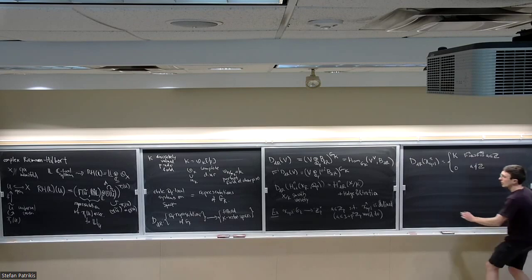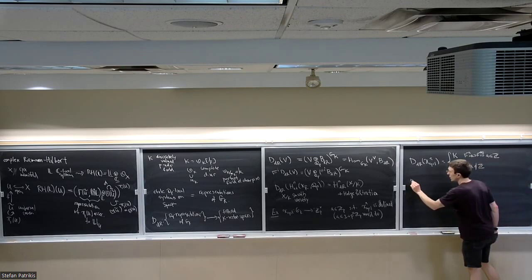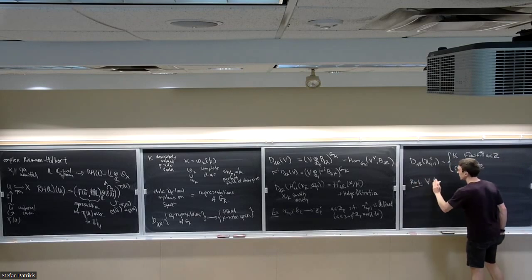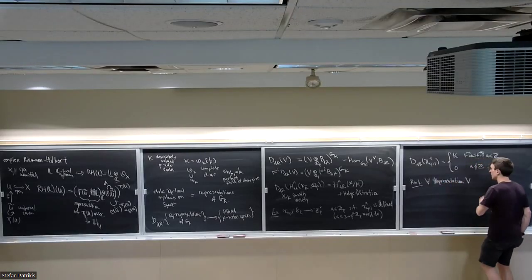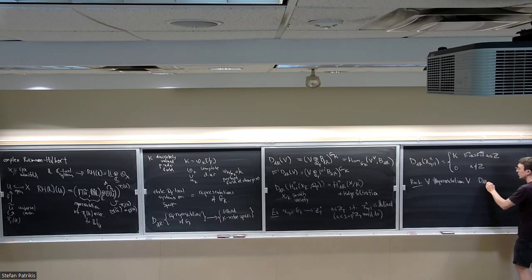Let me make a remark: it's a general property that for any representation V, if I apply D_dR, this will be a vector space whose dimension over K will be at most the dimension of the original representation. It's not formally obvious.